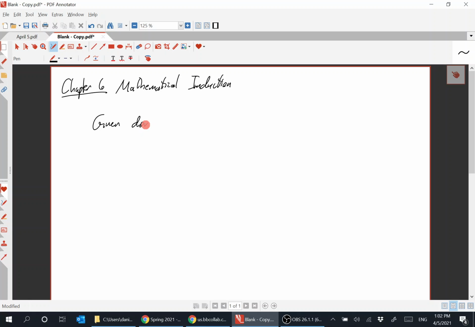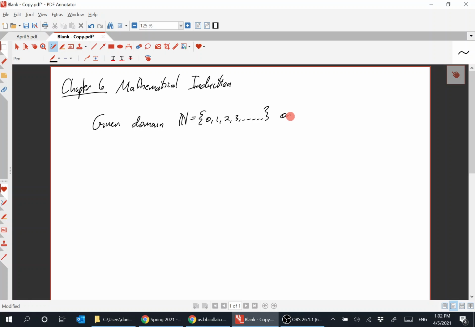So we're going to go back to the notion of predicates and predicate logic and domains and quantification. So given a domain, the basic domain over which you do induction is the natural numbers, although it doesn't have to be the natural numbers.